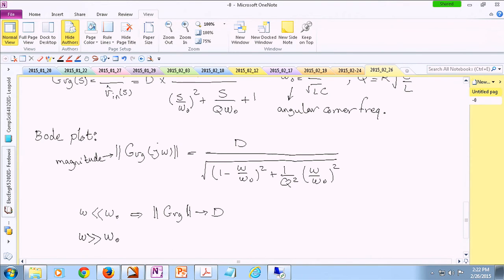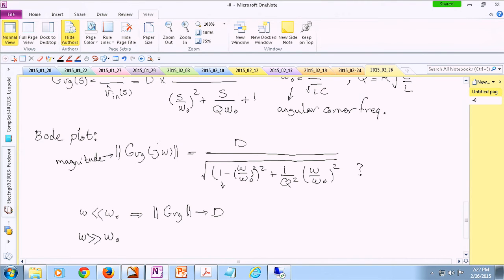Then if omega is too large, if omega is much larger than the corner frequency, this 1 becomes insignificant. Hold on, there is a square here too. I have to double check my notes. I'm afraid one of these is omega over omega naught. The other one is omega naught over omega. But anyway, I'll put a question mark here.